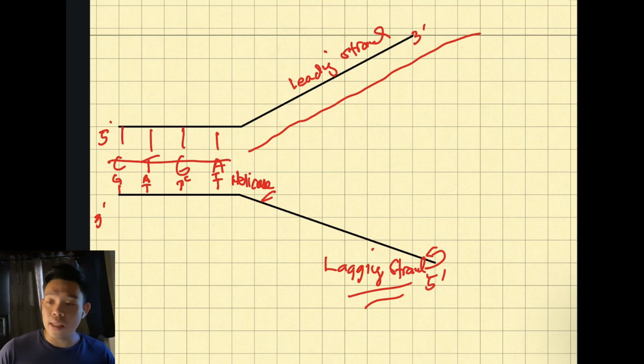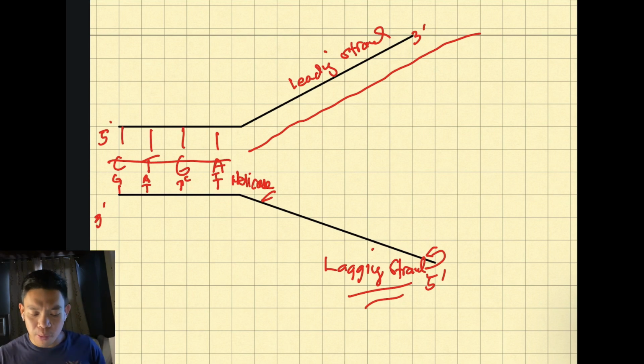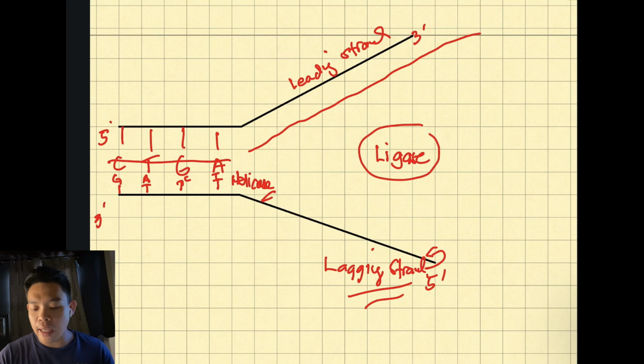This process of replication is sealed up by another enzyme, just like a glue, in order for the DNA to remain intact. This enzyme is what we call ligase.